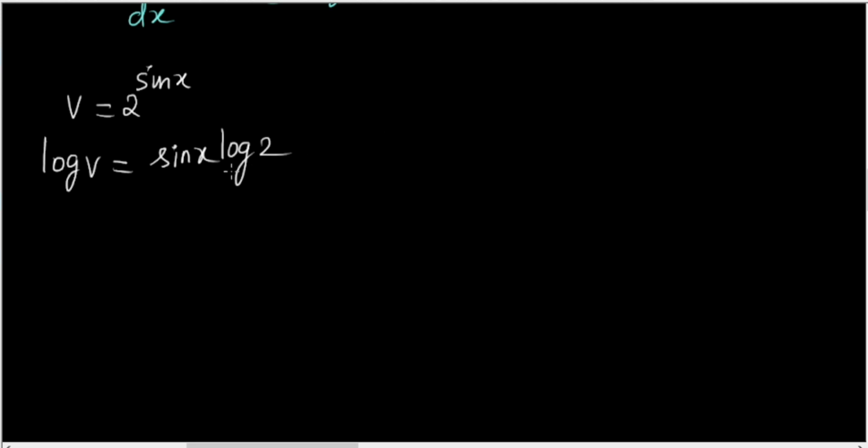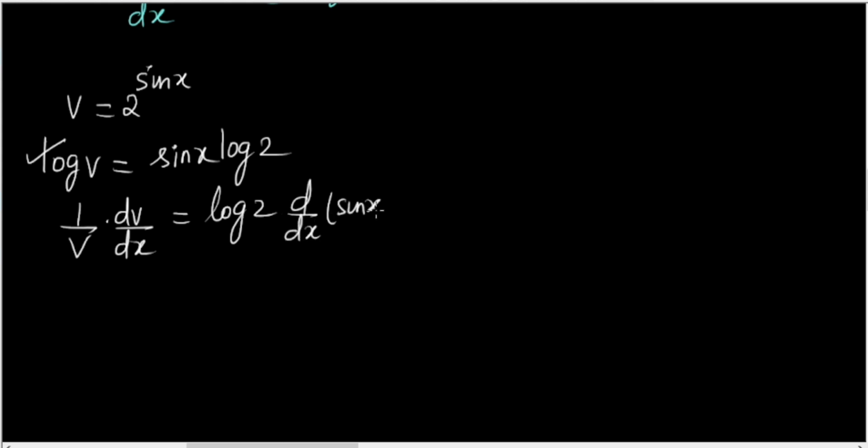Now we are going to differentiate on both the sides, which is 1 over v. Of course we are differentiating log v, so 1 over v times dv over dx. On the right hand side, our log 2 is the constant, so we'll better find the derivative of our sin x alone. The derivative of sin x is simply cos x.